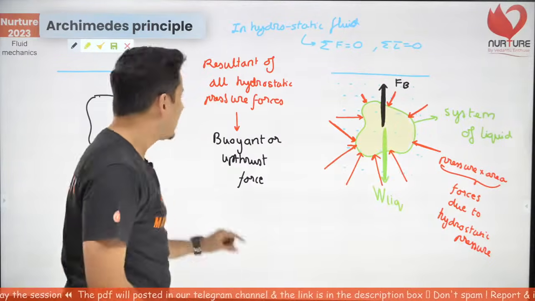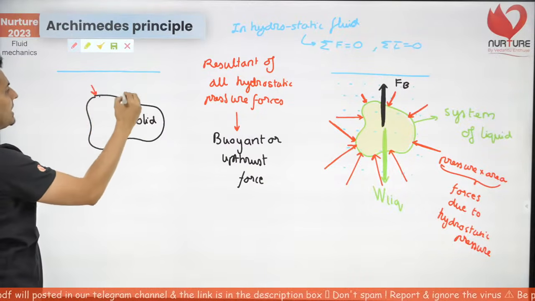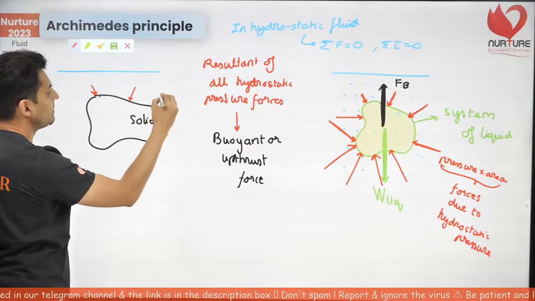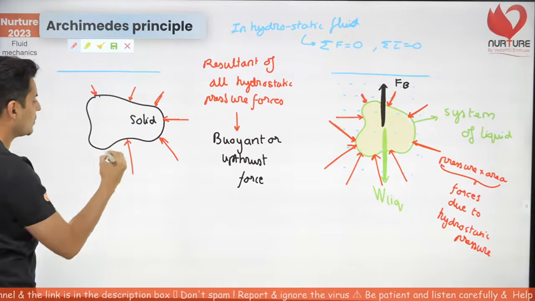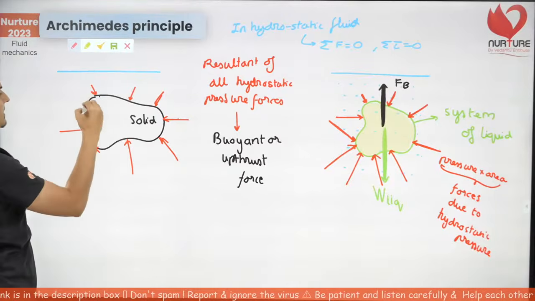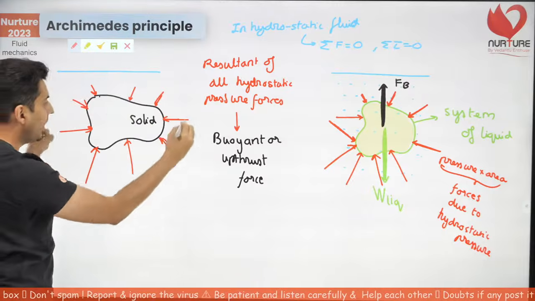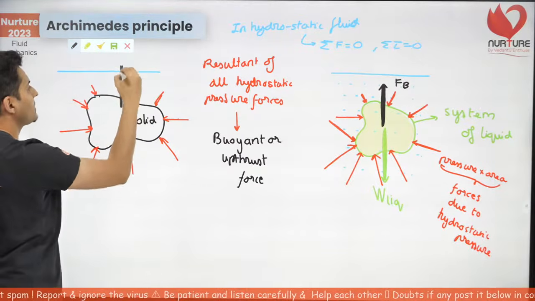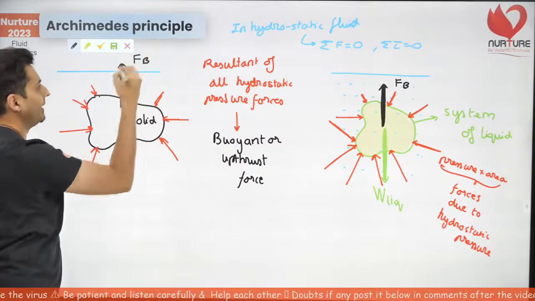It has thrown away the fluid, and around it there will be pressure forces due to hydrostatic pressure. There will be forces like this, and the arrow marks at the bottom will be much longer as compared to the arrow marks from the top. These forces from all the sides will have a resultant force, which is called the buoyant force.